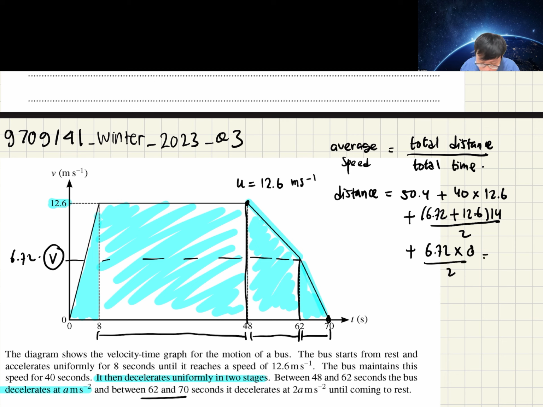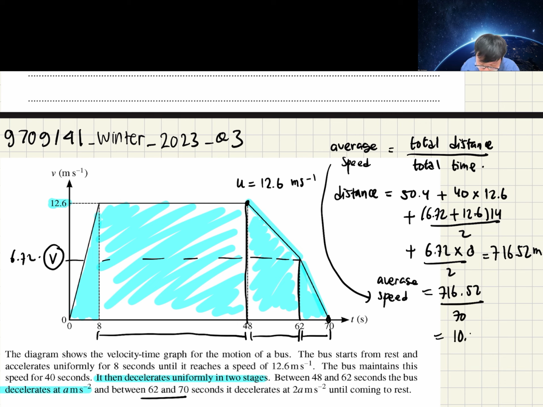So when you calculate that, you get 716.52 meter. So to find the average speed, you just need to divide by time. 716.52 divided by time, which is 70. So the answer is 10.2 meter per second. So that's the average speed.